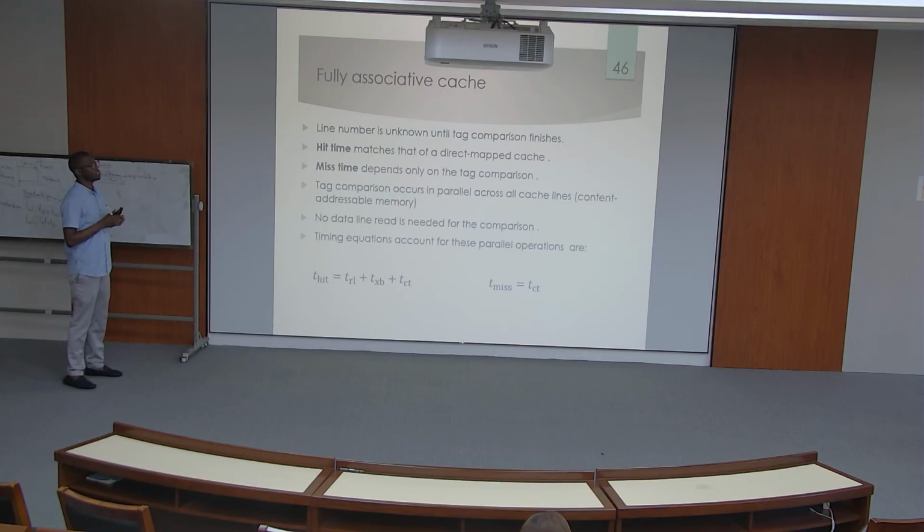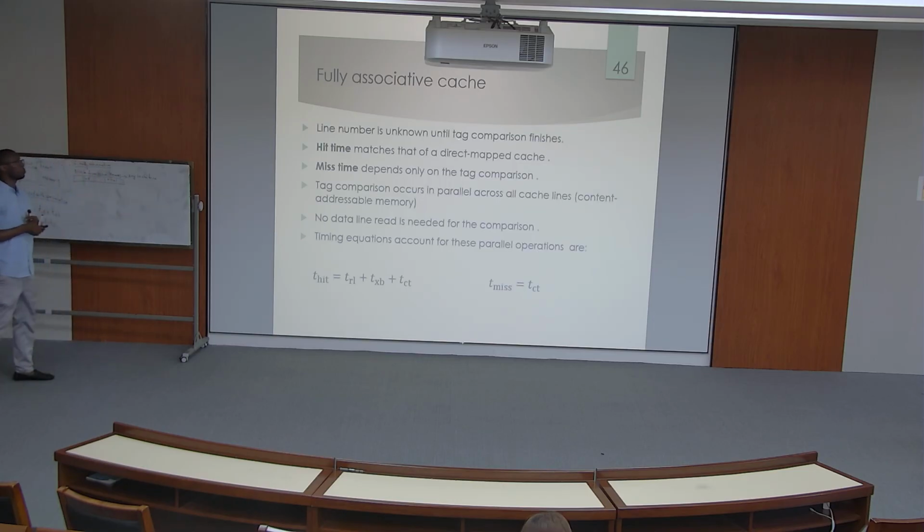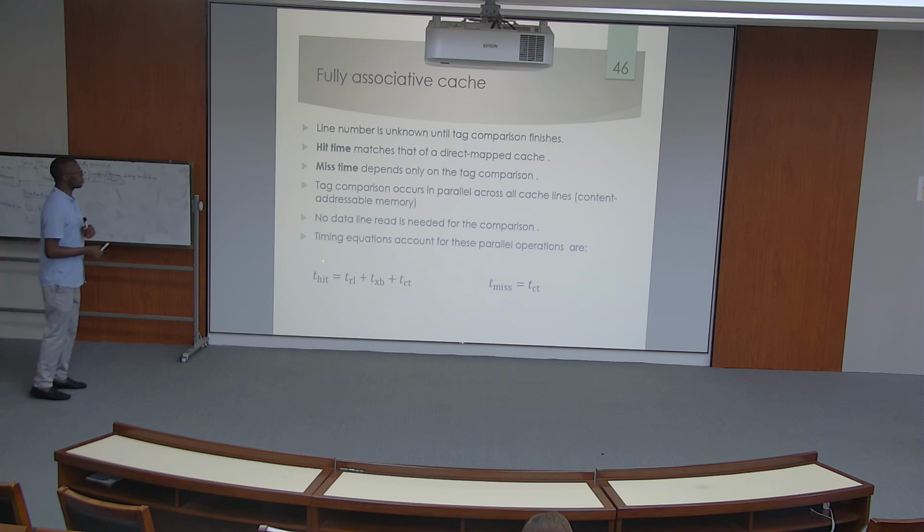Then, if there is a hit, we have the hit time that matches the hit time of the direct map cache. So we have TR, the time that the system spent on reading the data, plus the time that the system spent on comparing the tags, plus the time that the system spent on transmitting the data.